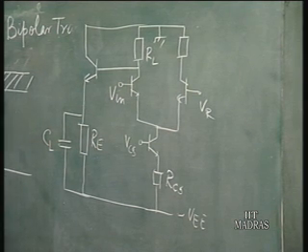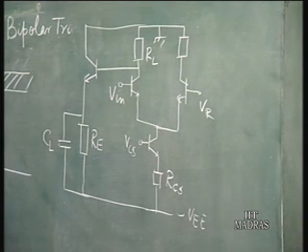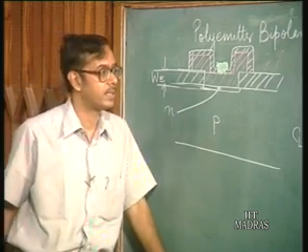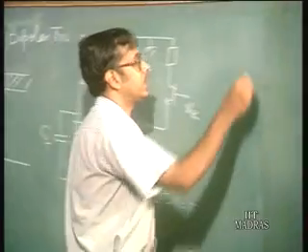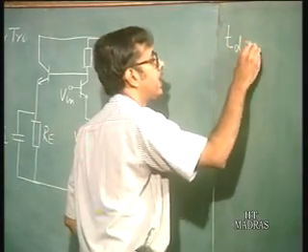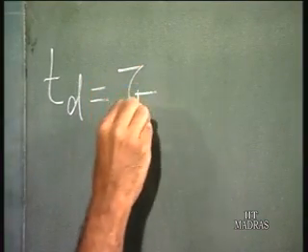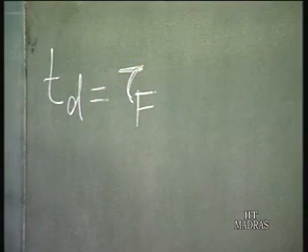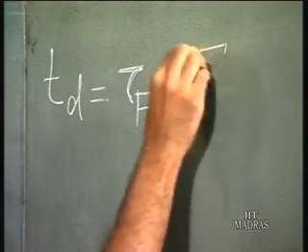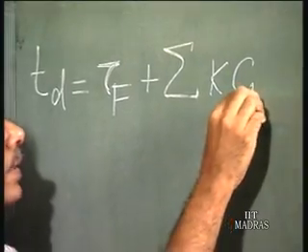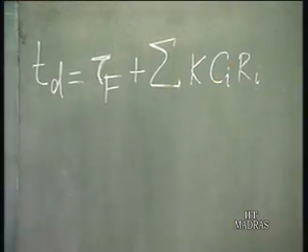All right. Now, the way the delay is actually calculated in an ECL gate is like this, okay. The total delay TD is taken to be the sum of the forward transit time of the transistor tau f, say, plus a weighted sum of all the capacitances and resistances in the circuit.